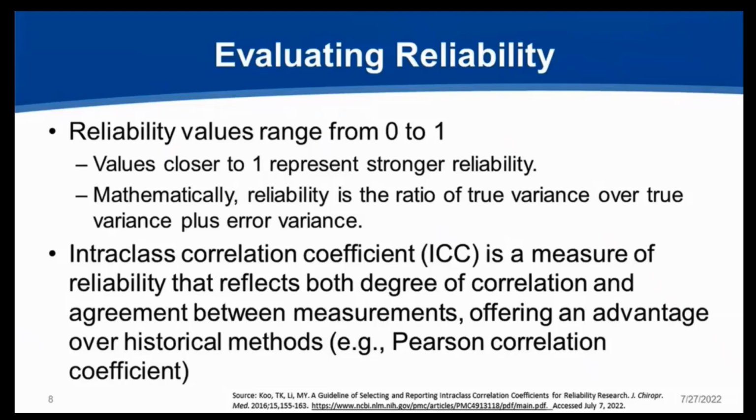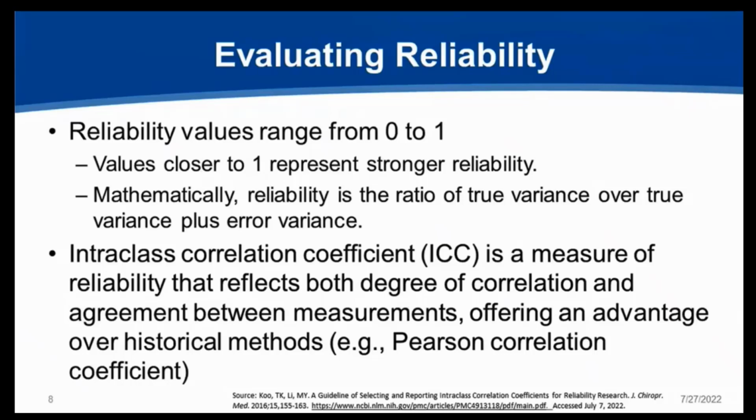So the values closer to 1 are what we're going for with a very strong measure of reliability. And again, reliability is the true variance of the measure over the variance plus other error that's attributed to, for example, sample size.